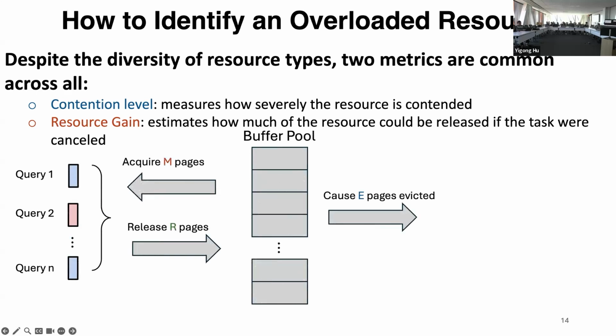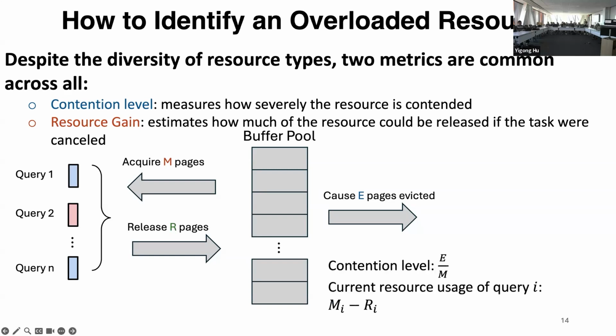Think about a set of queries that try to access the buffer pool, which is an application-defined resource. All these queries in total acquire M pages and release R pages, and cause E page evictions for this buffer pool. The contention level can simply be defined as the number of evictions divided by the number of pages acquired.